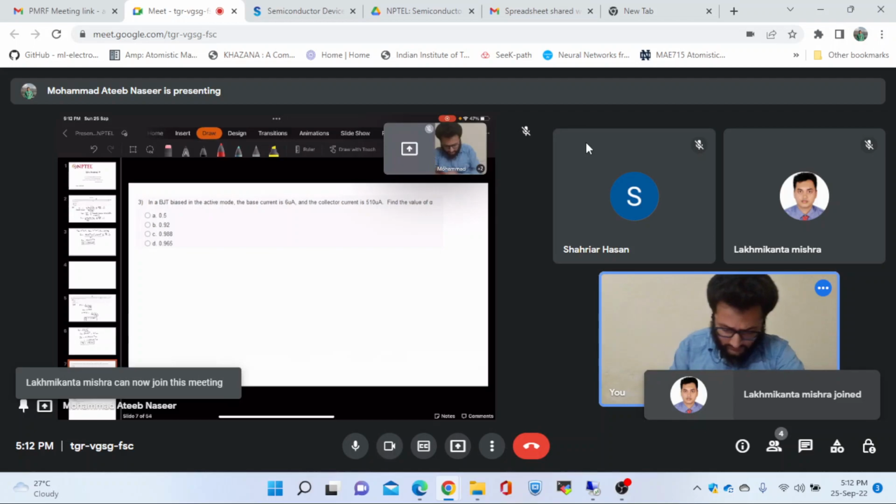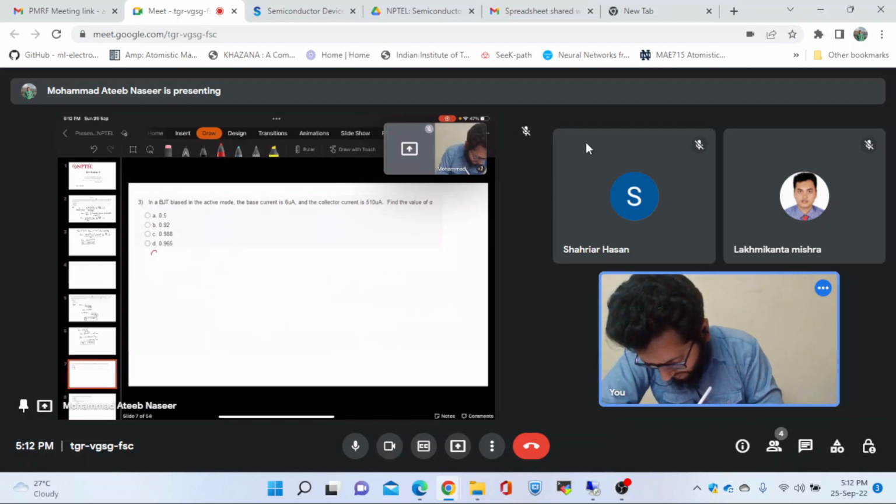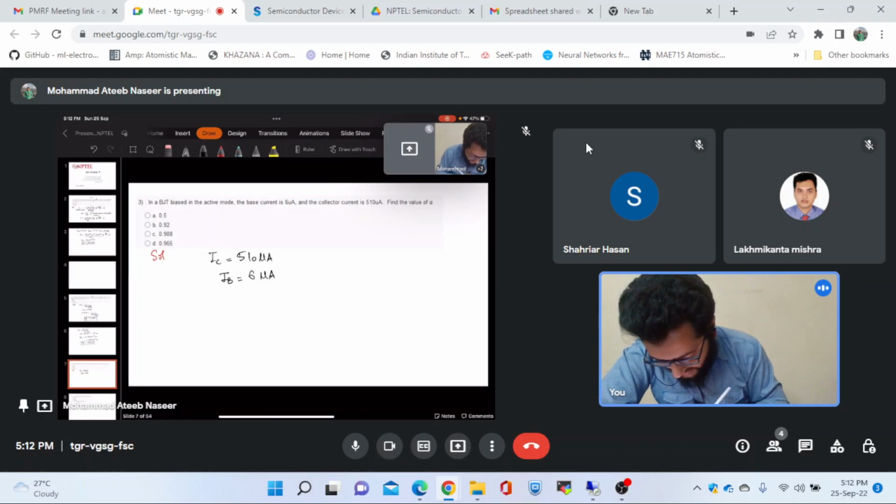Now in this problem we have this IC equal to 510 microamperes, and we have this IB that is equal to 6 microamperes. Now this beta is given by, as we know, IC by IB.